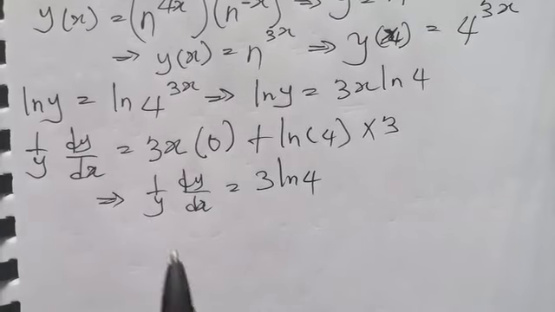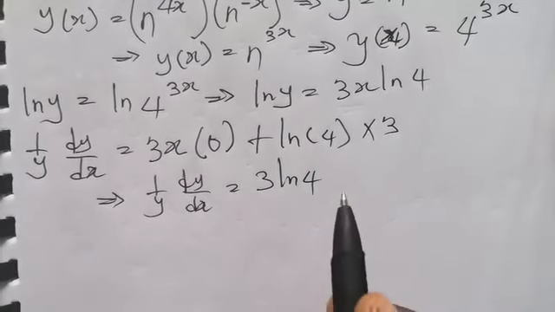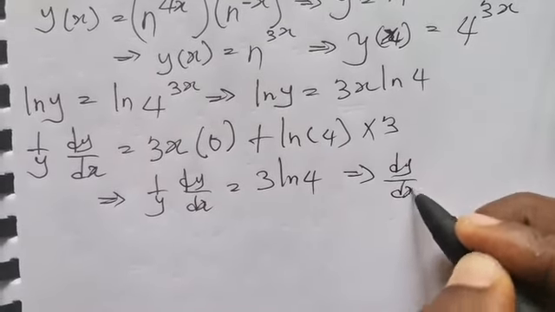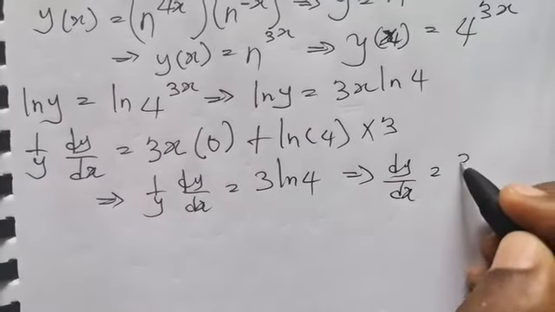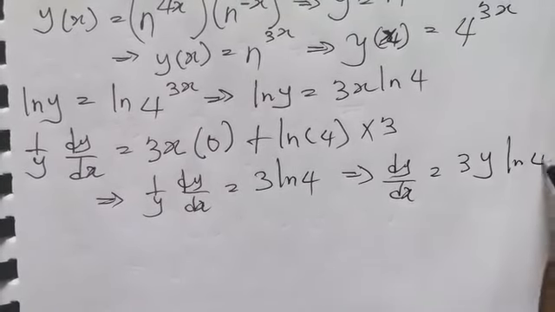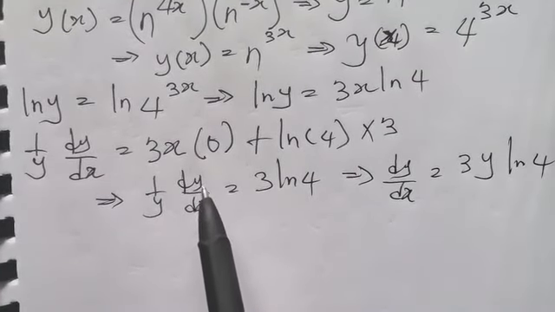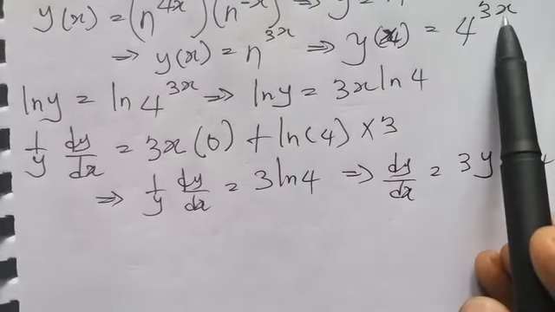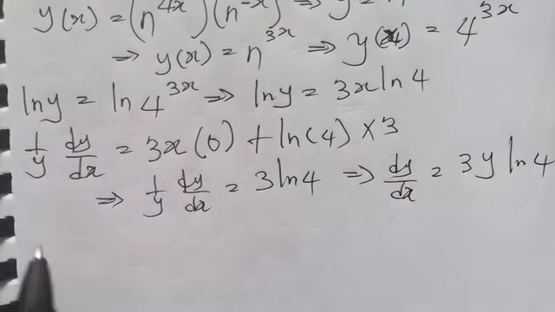Now I need to find dy/dx, which means I'm going to be cross multiplying by y. So dy over dx is going to be equal to 3y ln 4. But not forgetting from the question, we were given that y is equal to 4 to the power of 3x. So in place of y here, we put in the value 4 to the power of 3x.